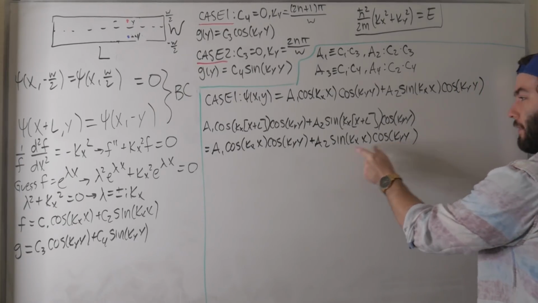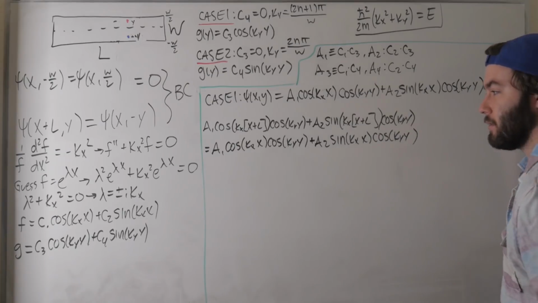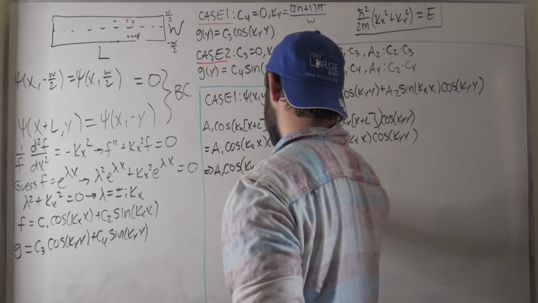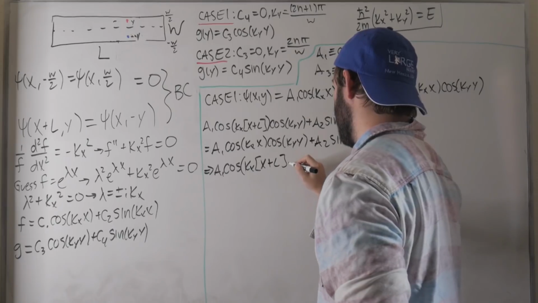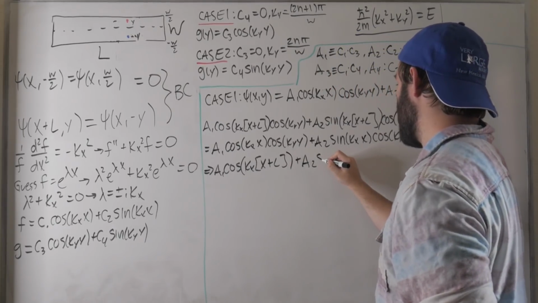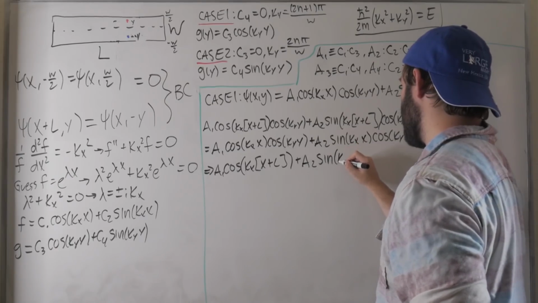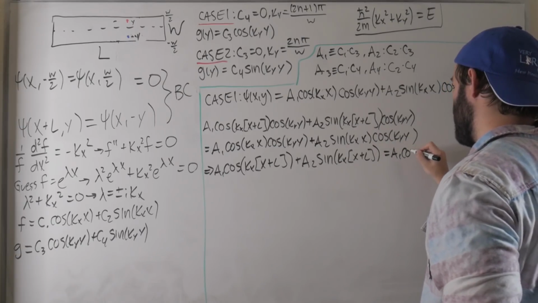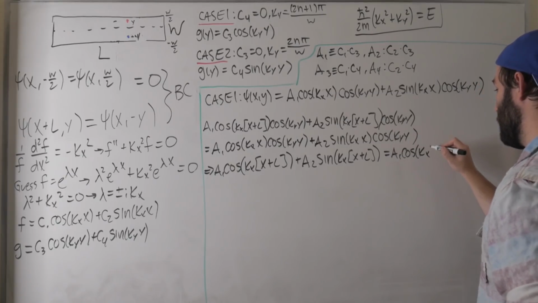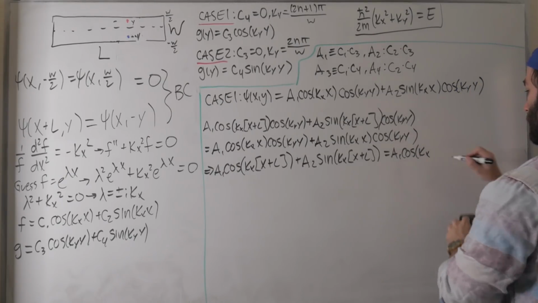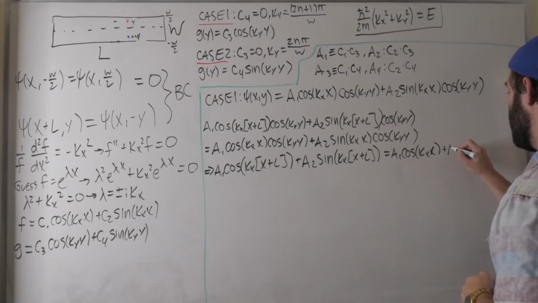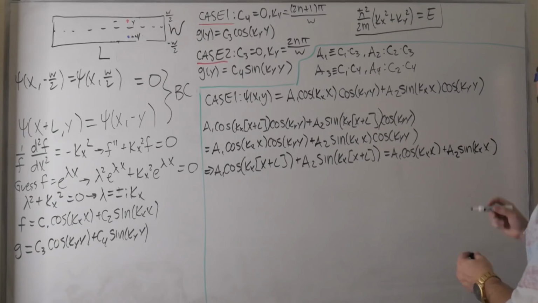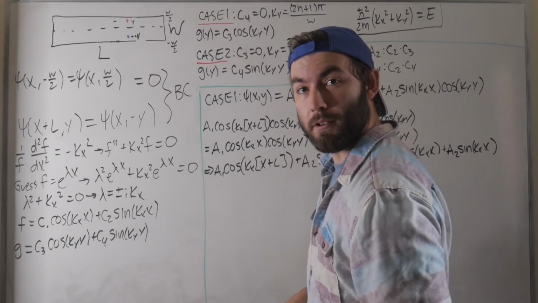And you see that we have a common factor of cosine ky y on each of these terms, so we can get rid of that, and we get that a1 cosine kx (x plus L) plus a2 sine kx (x plus L) is equal to a1 cosine kx x, and then just plus a2 sine of kx x. Alright, make sure that my camera's still going because it turned off on me.